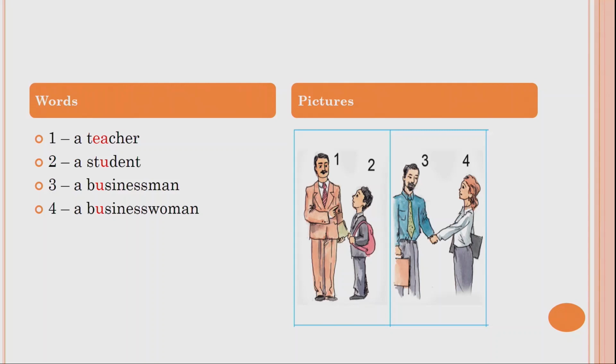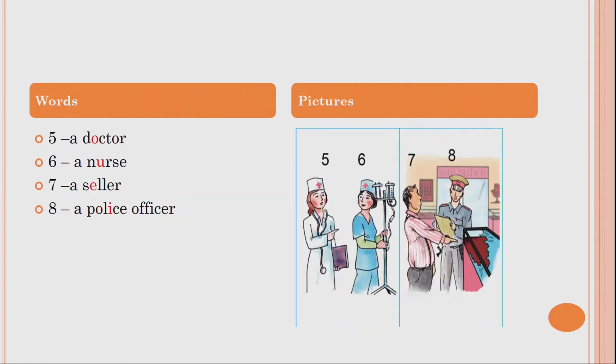Number 1, a teacher. Number 2, a student. Number 3, a businessman. Number 4, a businesswoman. Number 5, a doctor. Number 6, a nurse.